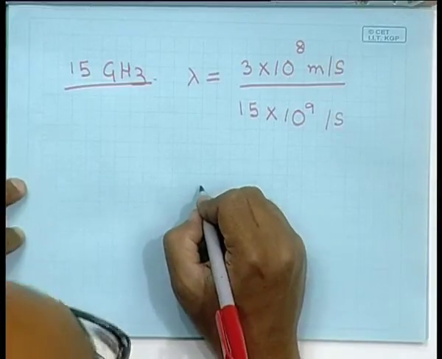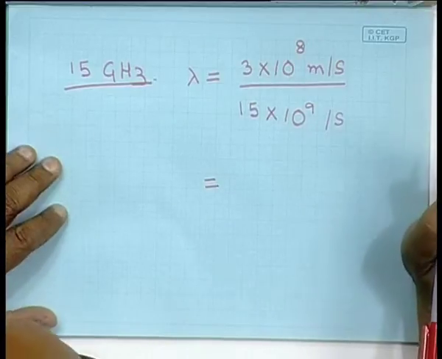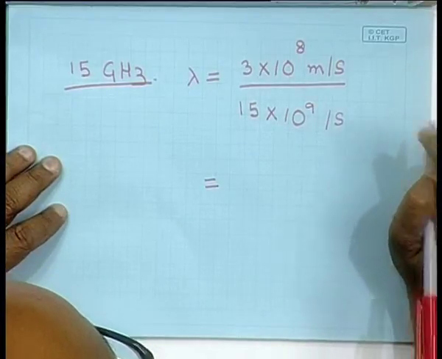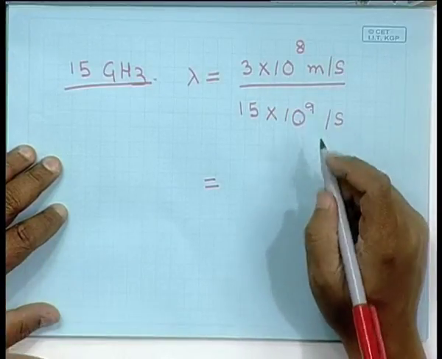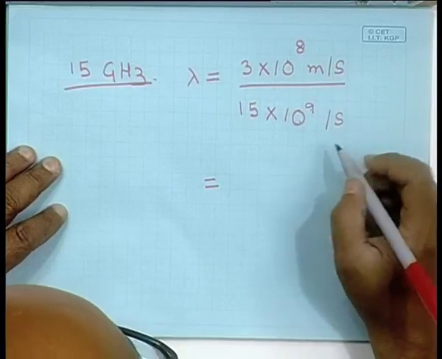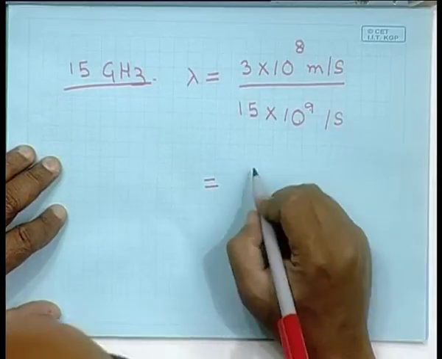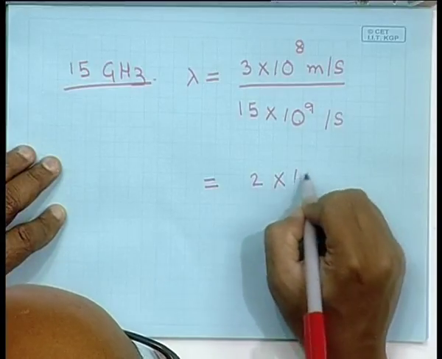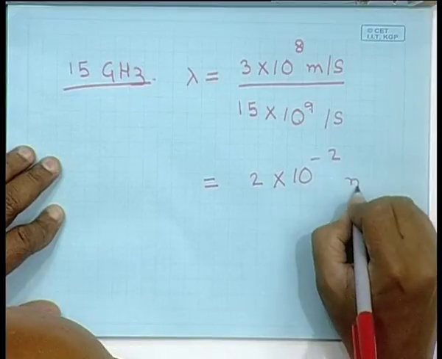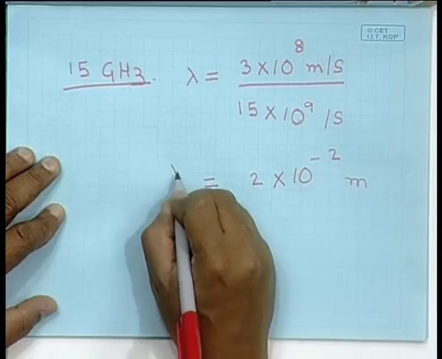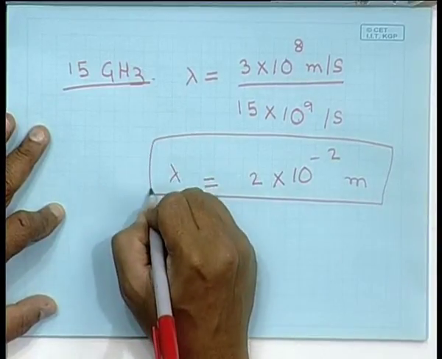So, this gives us lambda. 10 to the power 9 over here, 10 to the power 8 over here, which gives us a factor of 10 to the power minus 1 already, and then if I divide 3 by 15, I get 2 into 10 to the power minus 2 meters. So, this is the wavelength, it is 2 centimeters.